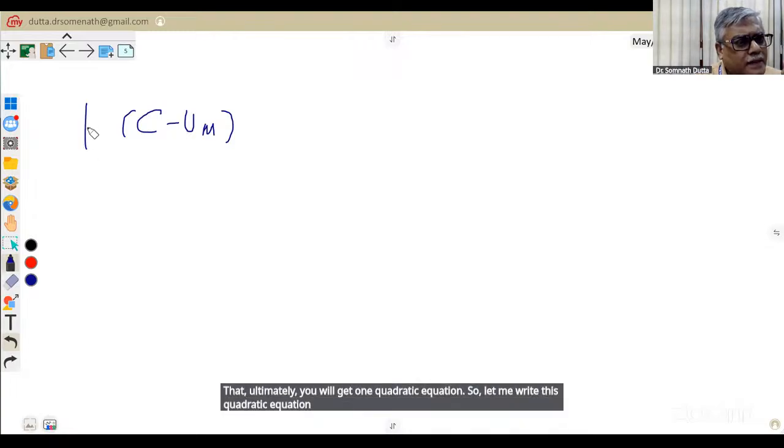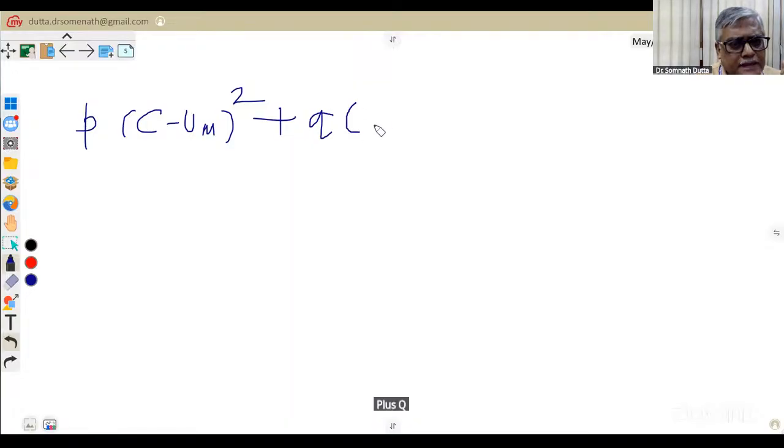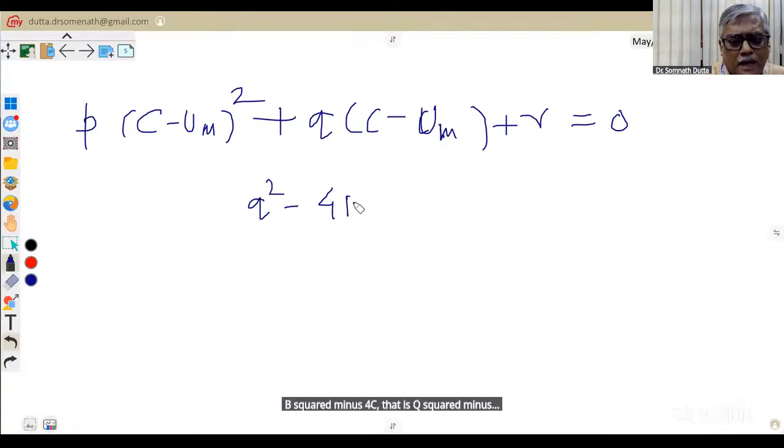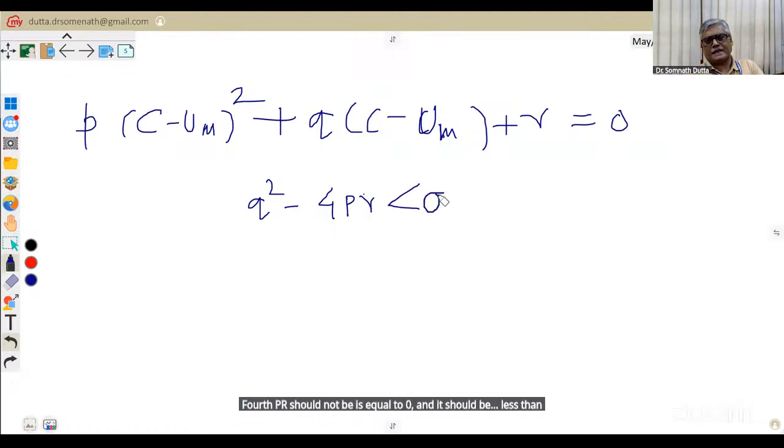Let us say this quadratic looks like p times (c minus U_M) squared plus q times (c minus U_M) plus r equals 0. And we know very well that for an imaginary root, b square minus 4ac, that is q square minus 4pr, should not be equal to 0, and it should be less than 0.